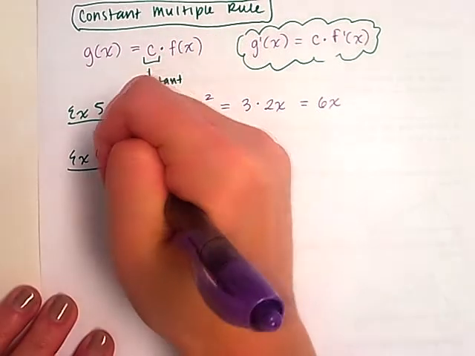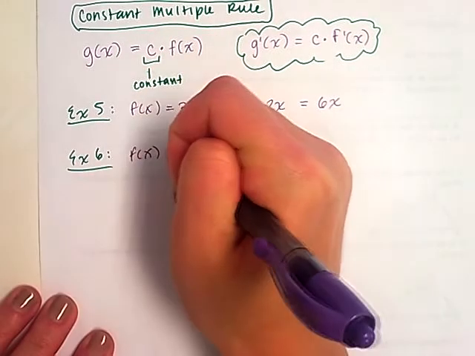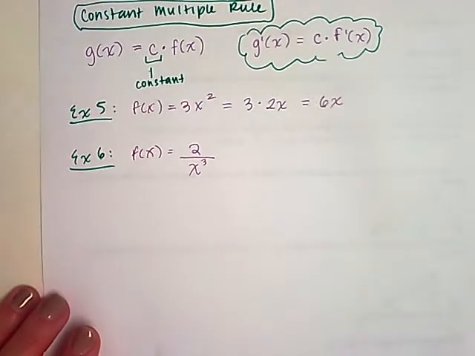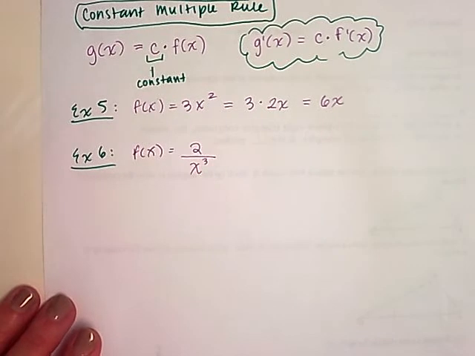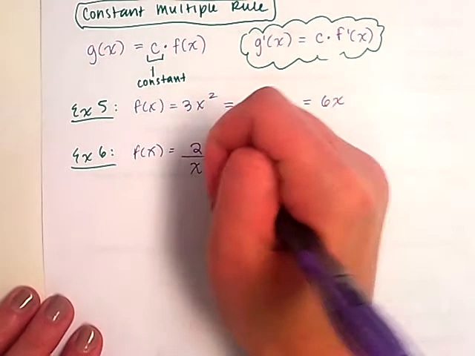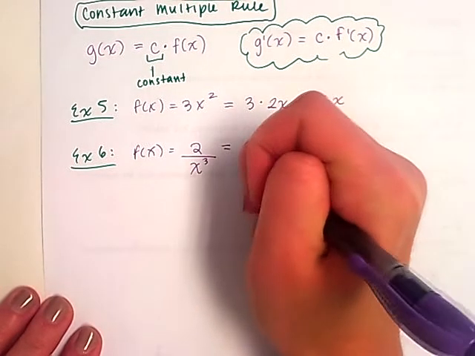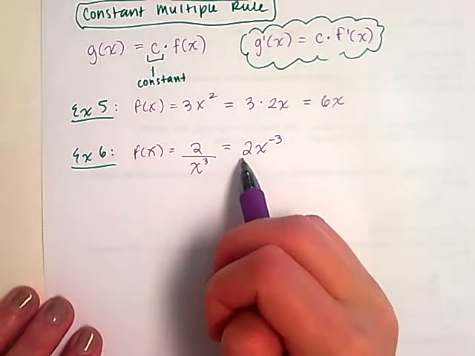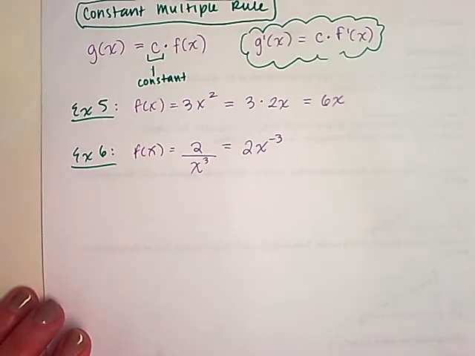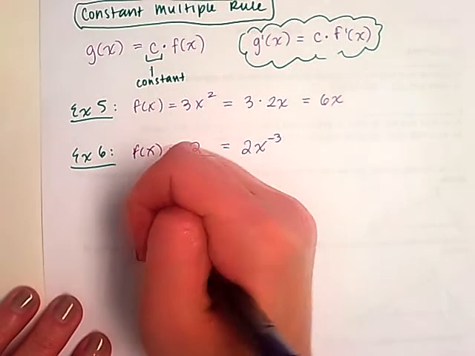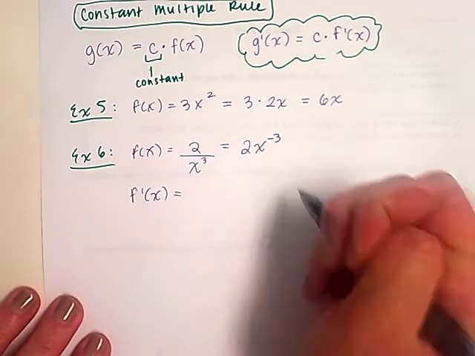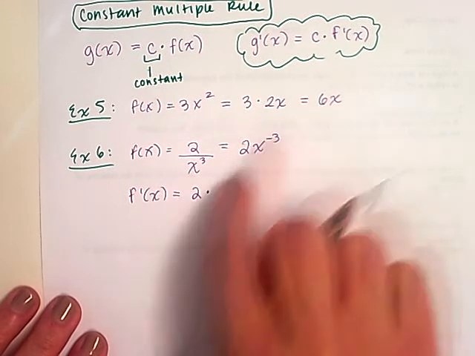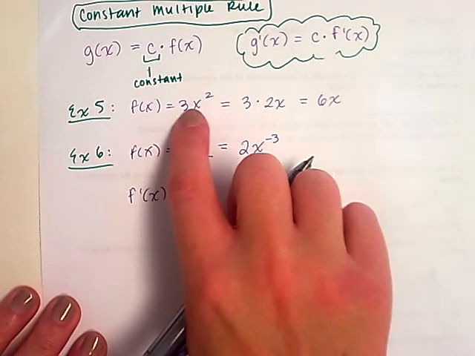So f of x equals 2 over x to the third. Again, I need to rewrite this with negative exponents, so that becomes 2x to the negative 3. Now I can think about this as the constant 2 times x to the negative 3. So if I was finding the derivative of that, it would become 2 times, oh, I just realized I made a mistake up here: this isn't equal to this.